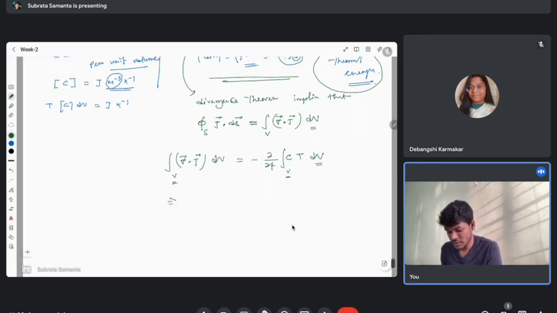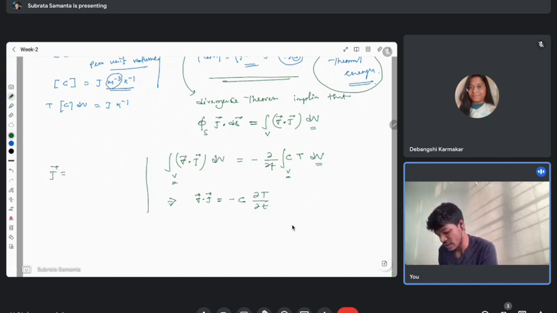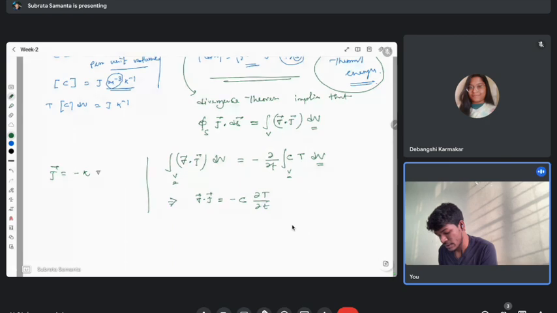Then we conclude that the divergence of J is minus C ∂T/∂t, because C is independent of temperature; it is the specific heat capacity. Now you know what J is: J is the heat flux, minus kappa grad T.